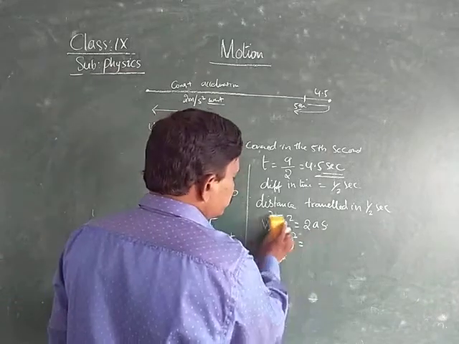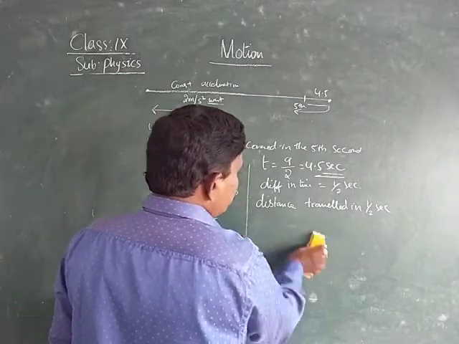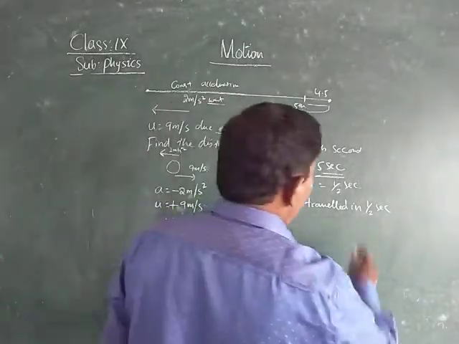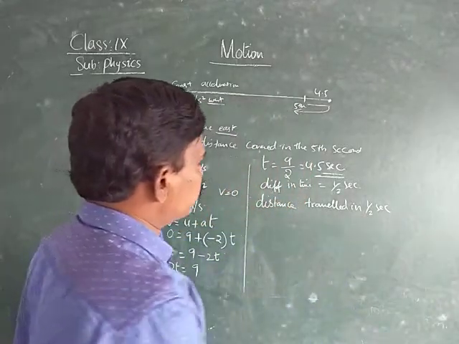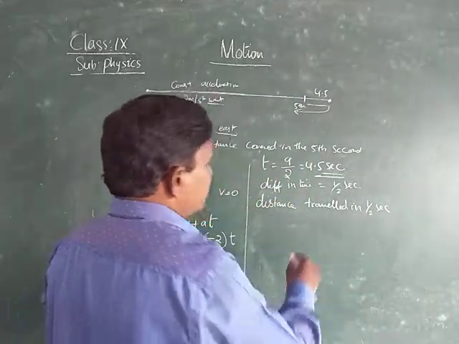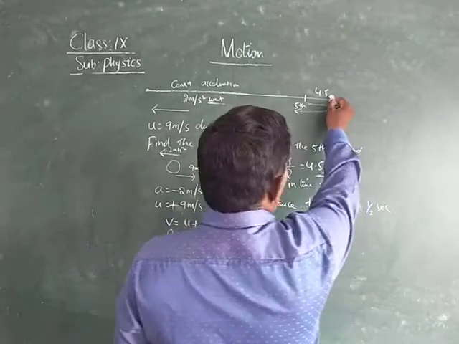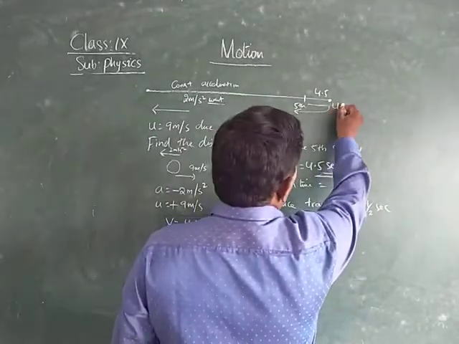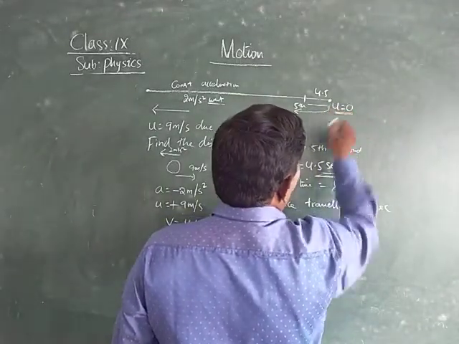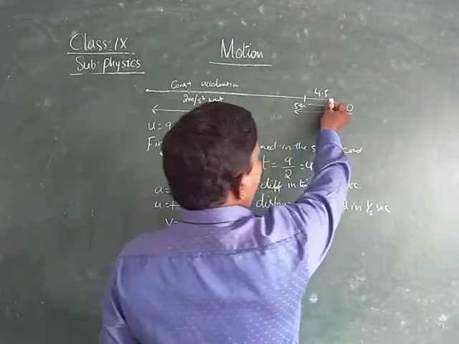See here, okay children, distance traveled in the half second. Instead of this, here the body is moving back, therefore what is the initial velocity here? It is 0.